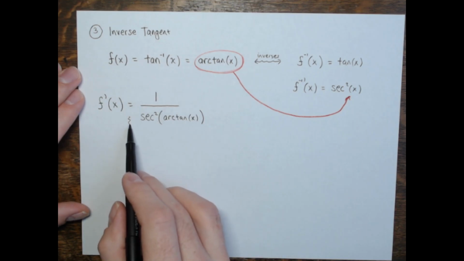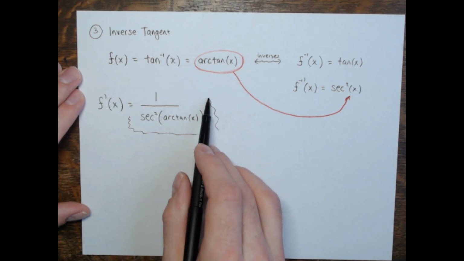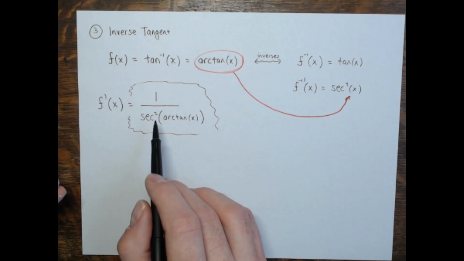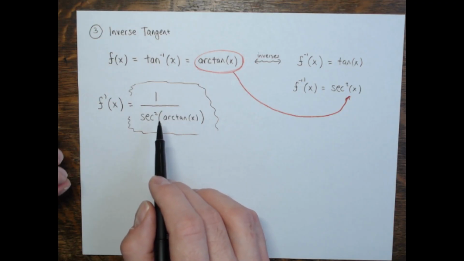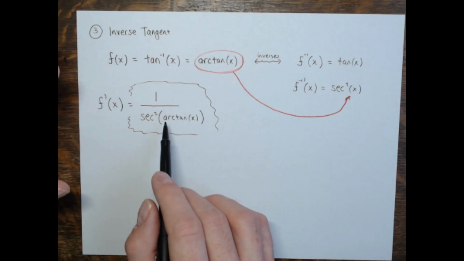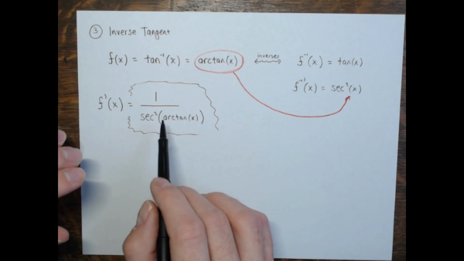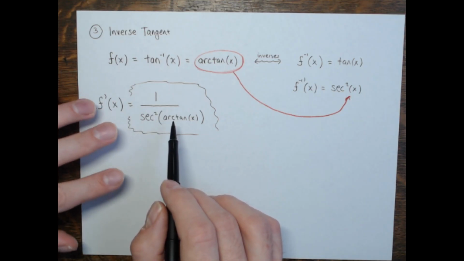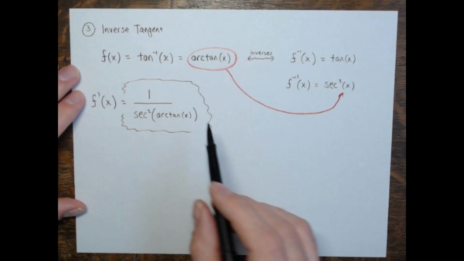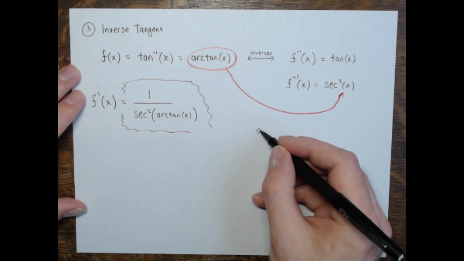And once again, this is totally valid. This is perfectly fine as the derivative of the inverse tangent function. But like all the others, you're going to be asked to, and you'll see this in most of your derivative tables and whatnot, write this algebraically. So like all the other ones, right?